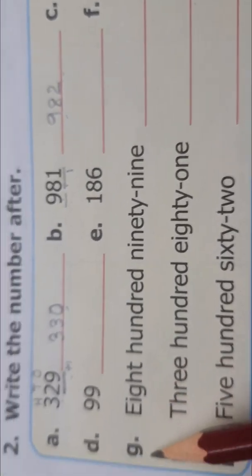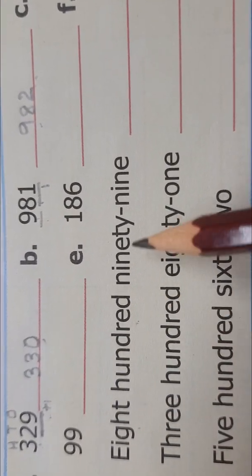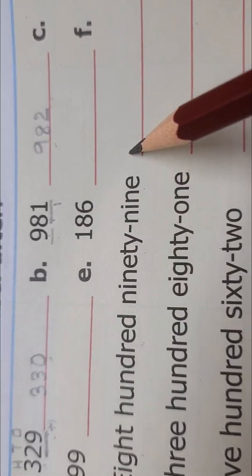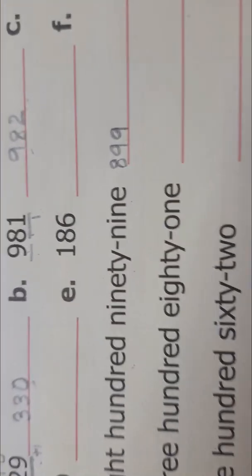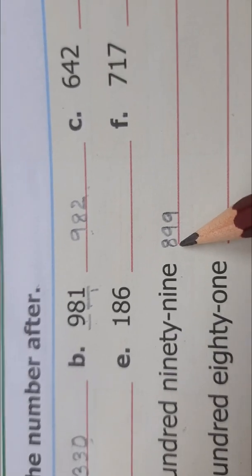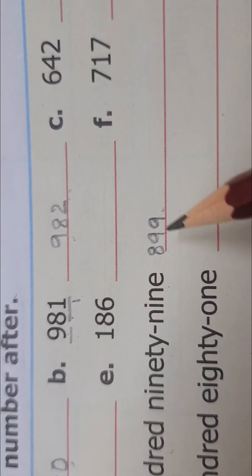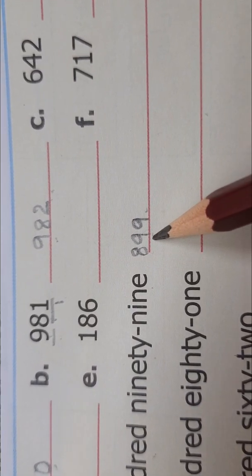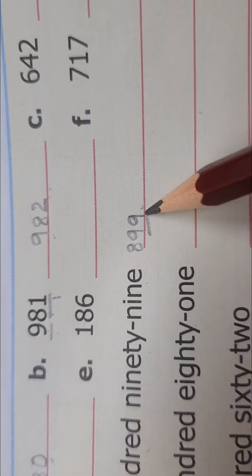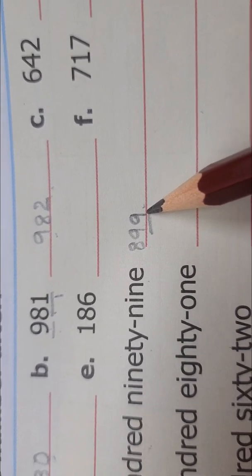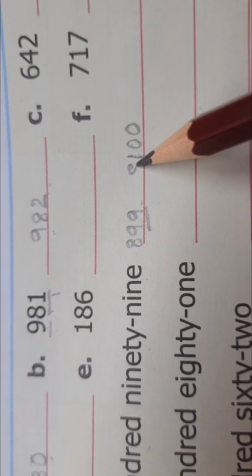Now, here the number G is given in words, 899. So, first we will write the numeral value for it. Now, what comes after 899? Here we have 99. What comes after 99? 100. So, we cannot write 100 and then write 8.